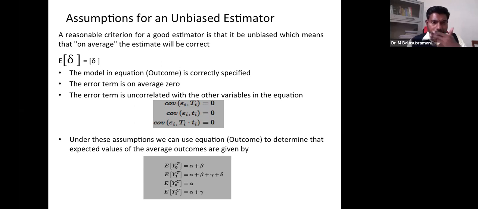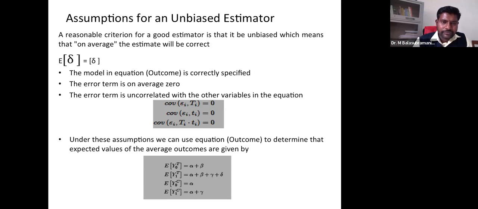So the expected value of delta hat is equal to delta, simply without the hat. When the average value is right, then we can consider the estimate of delta to be okay. Next, the model in this equation is correctly specified.